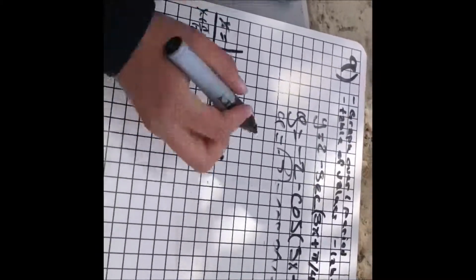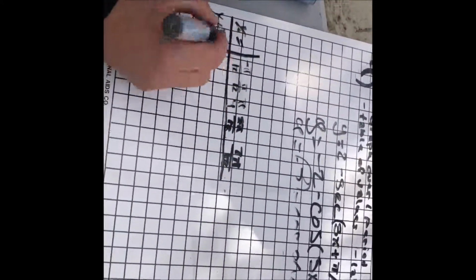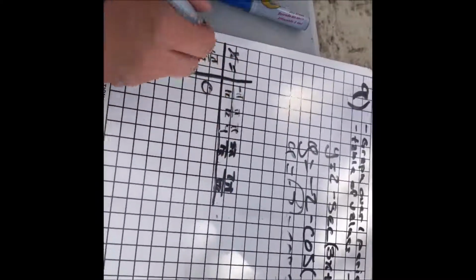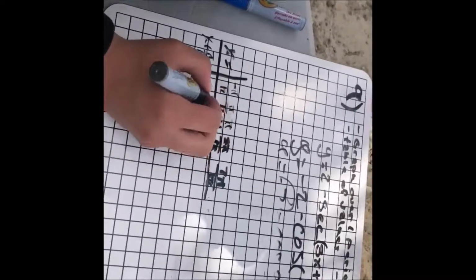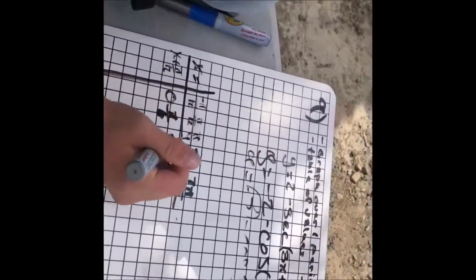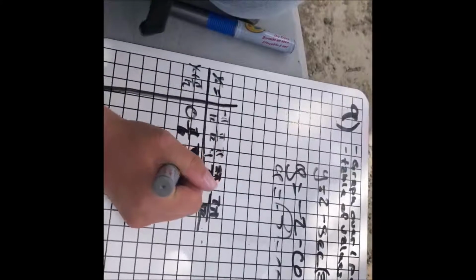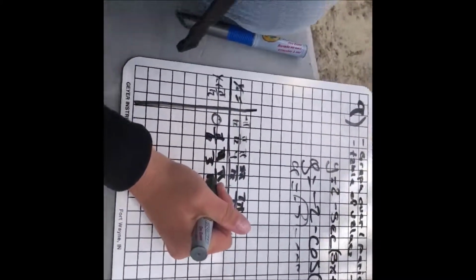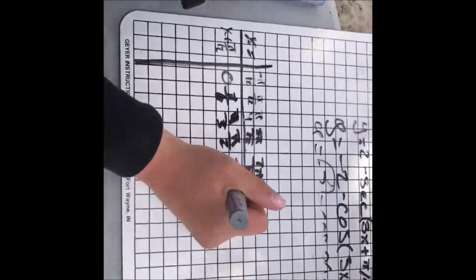Okay, and then we take that and we get 0 for over here. And then pi over 12 plus pi over 12 is pi over 6. Then we get pi over 3, pi over 2, and 2 pi over 3.